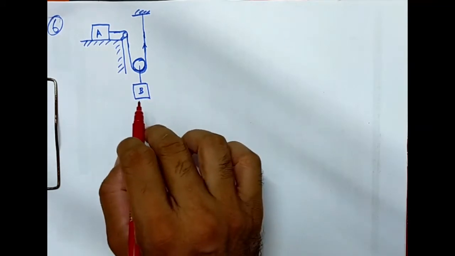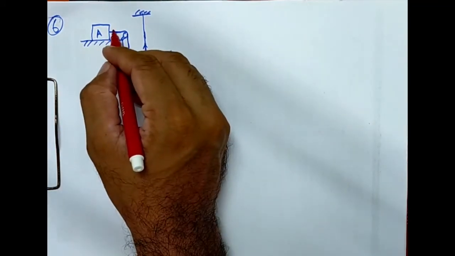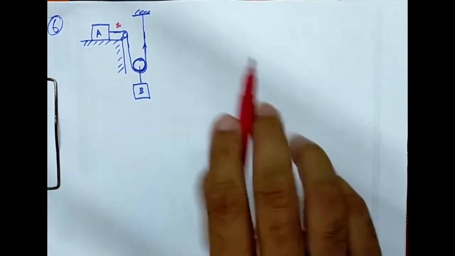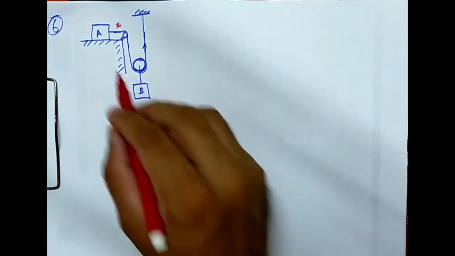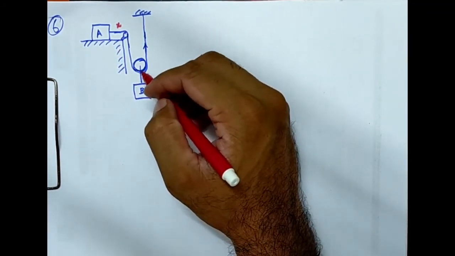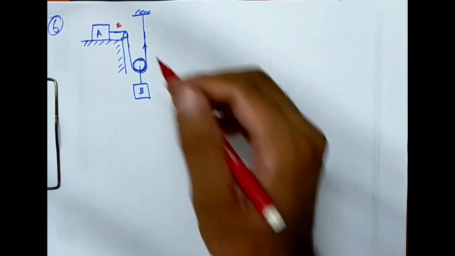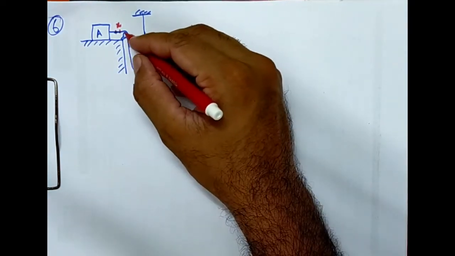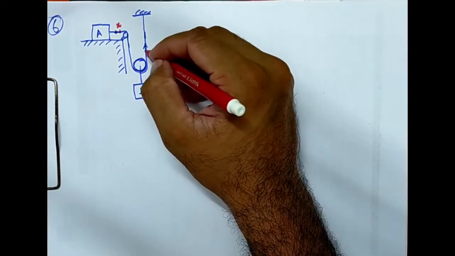Okay, so the very first thing I want you to understand is the movement. Say when this is moving by an amount x, as we discussed earlier, how much will this object be moving? That's what we want to know. If this moves by an amount x, this whole cable will be moving by an amount x.